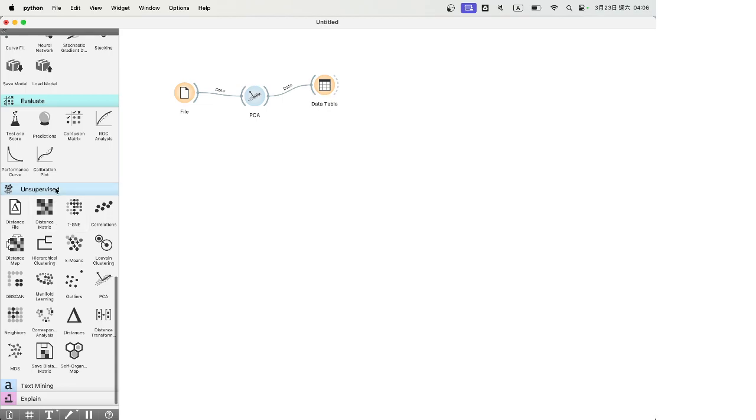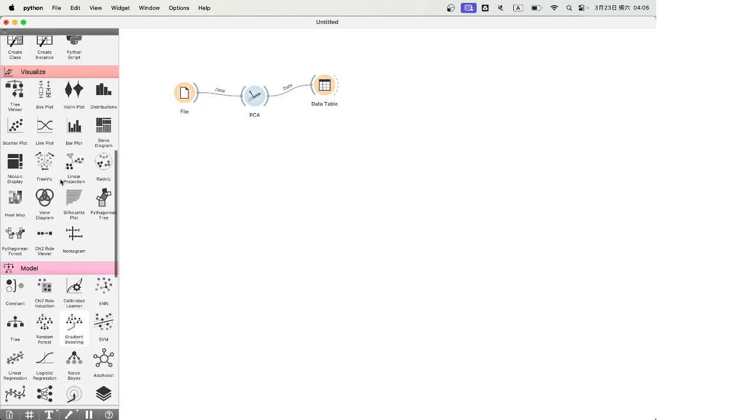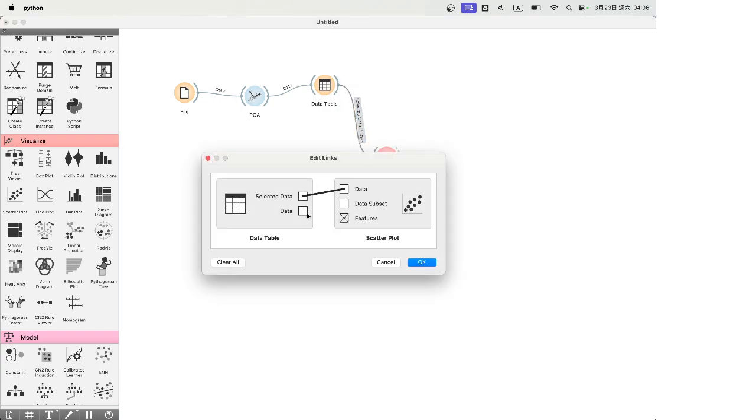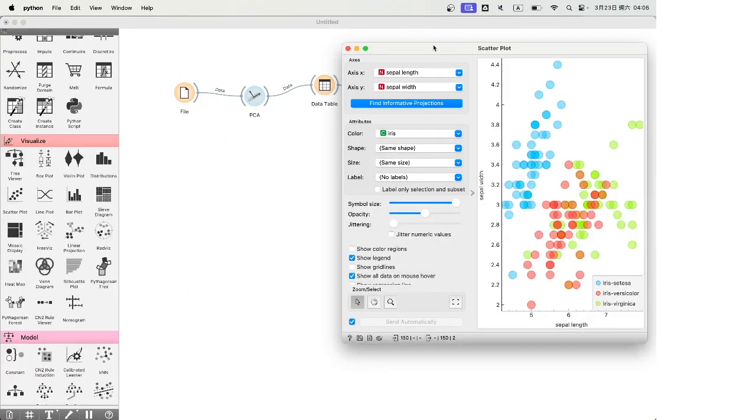And we can visualize the values right here, and we only use PC1 and PC2 to draw the figure.